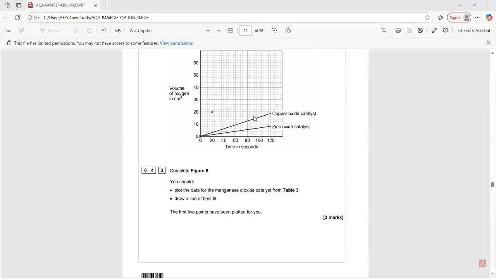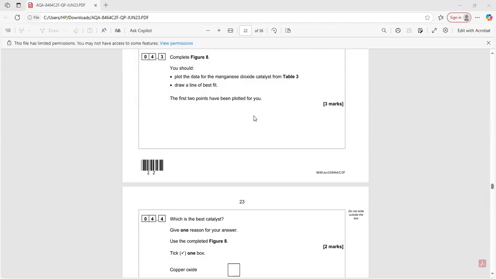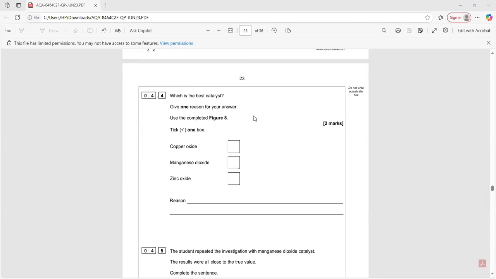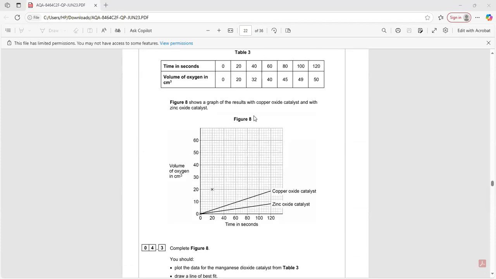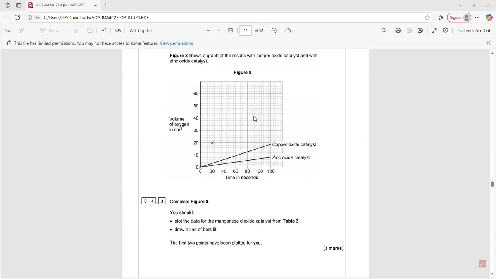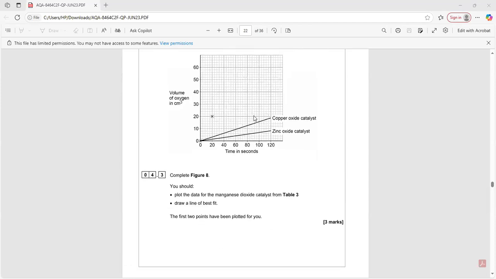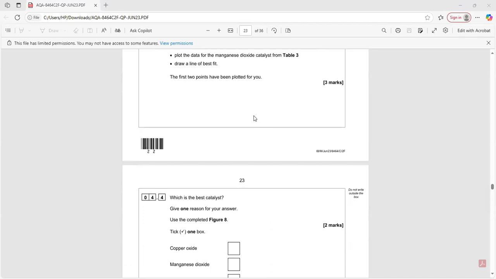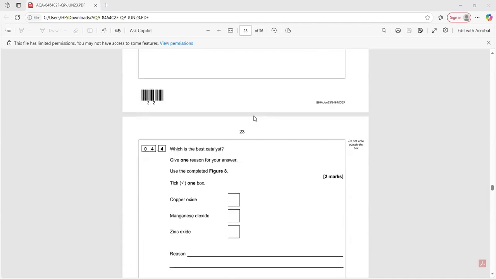I think it's manganese dioxide, but did they ask for a reason? It says give one reason for your answer. Well, a catalyst is supposed to speed up a reaction, isn't it? Supposed to make it faster. So manganese dioxide does just that by virtue of its graph.